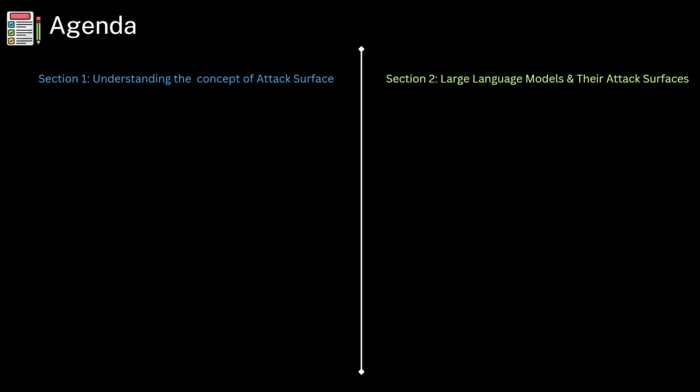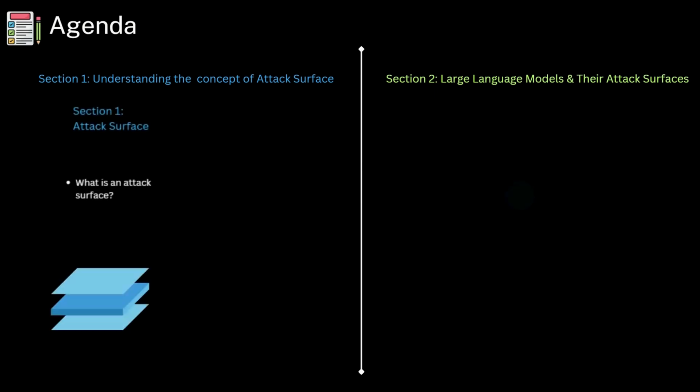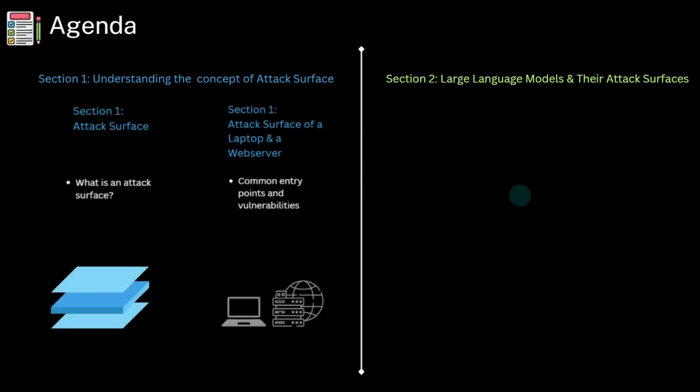And to give you a structured understanding, I have broken this session into two key sections. First, we will start with understanding the concept of an attack surface, where we will define what an attack surface is and look at some practical examples such as laptops and web servers, and see how their attack surface differs from each other and what are the components in them that increase or shrink their attack surface.